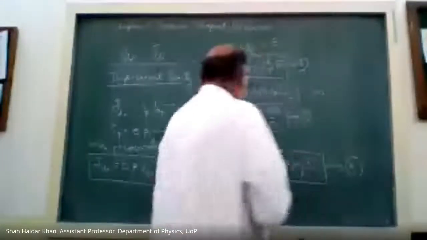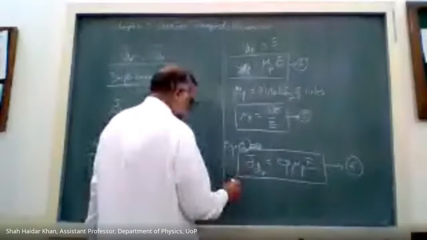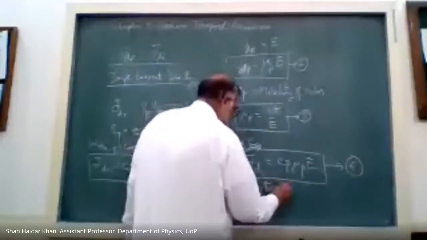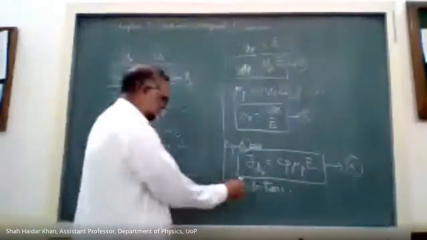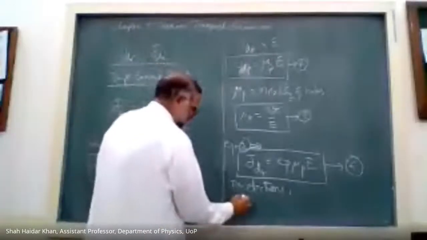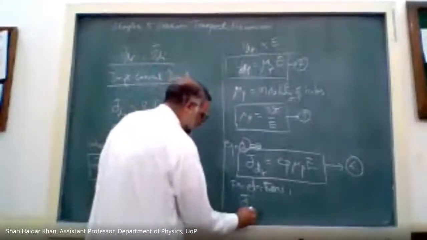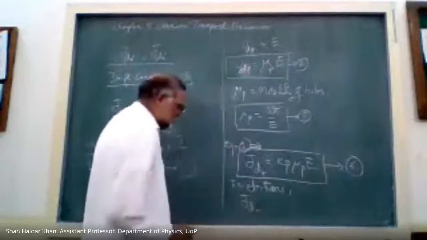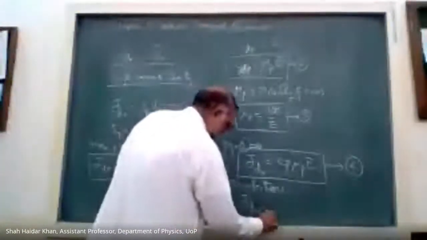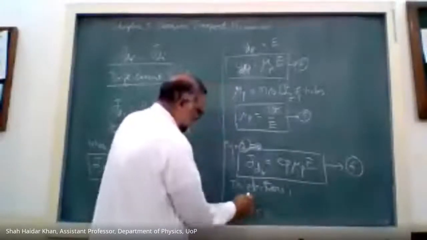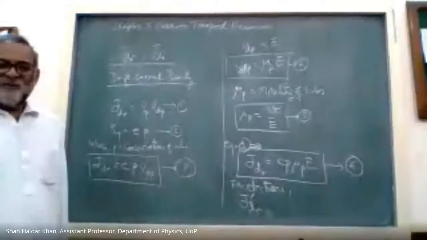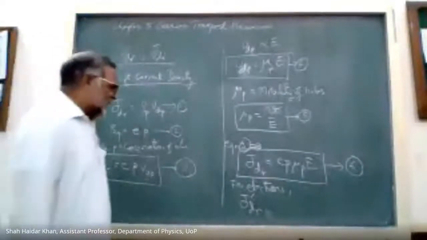For electrons, we can say that J drift prime, with a prime over it, is for electrons.